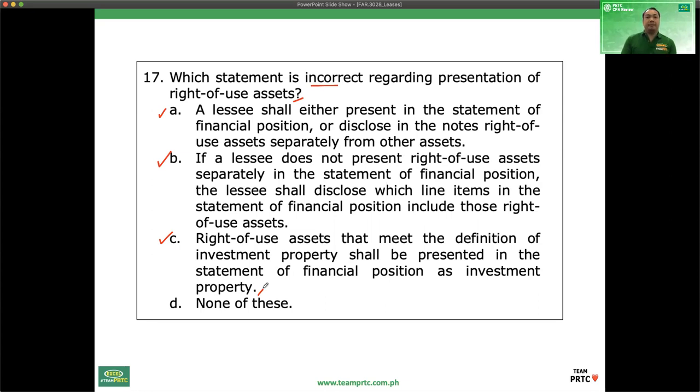PPE. So, basta ang importante dyan, i-inform ang users na merong right of use asset. Okay, either nakaseparate nga yan sa face ng balance sheet or nandun lang saan? Notes. Okay, basta importante dyan, ma-identify na merong right of use asset. So, answer Delta. All the statements are correct.